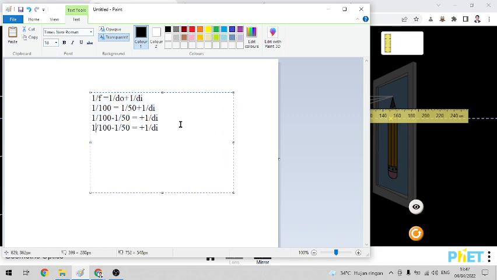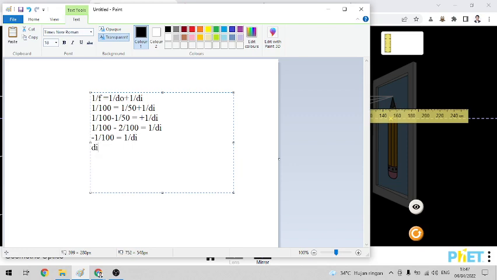And then we make it into 2 over 100. So we get 1 over 100 minus 2 over 100. 1 minus 2 is minus 1. Minus 1 over 100 equals 1 over di.